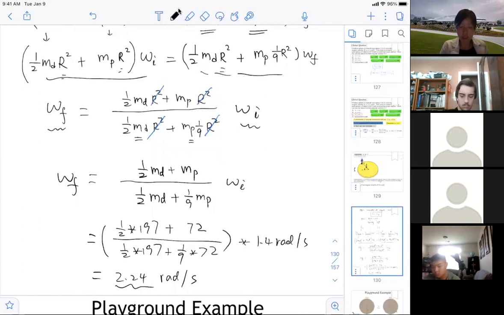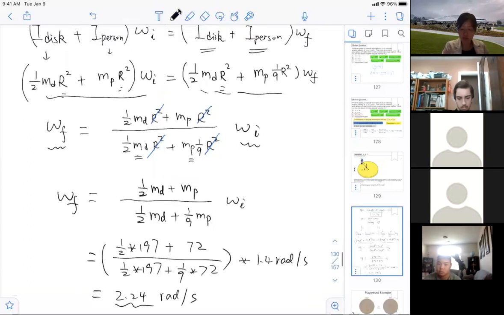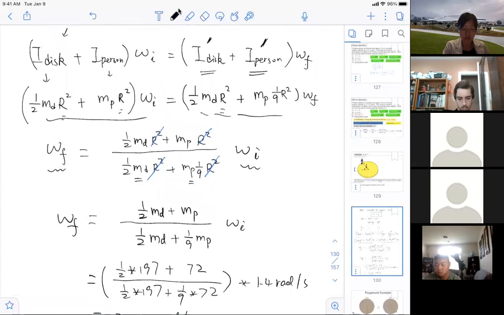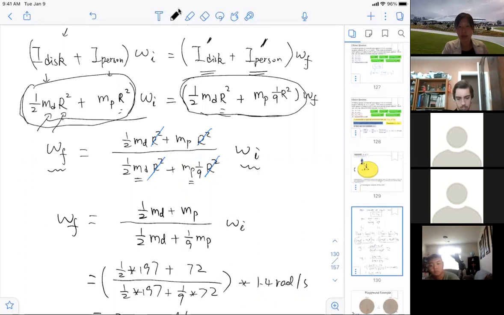Okay, so I can calculate exactly how much that is. Of course, you are more than welcome to plug in these numbers at the very beginning and get a specific number for your total I and a specific number for your total I final. It will still give you the same result, but perhaps the process is a little bit more complicated because you have a lot of numbers to manipulate, and it's also easier to introduce a mistake in the middle.